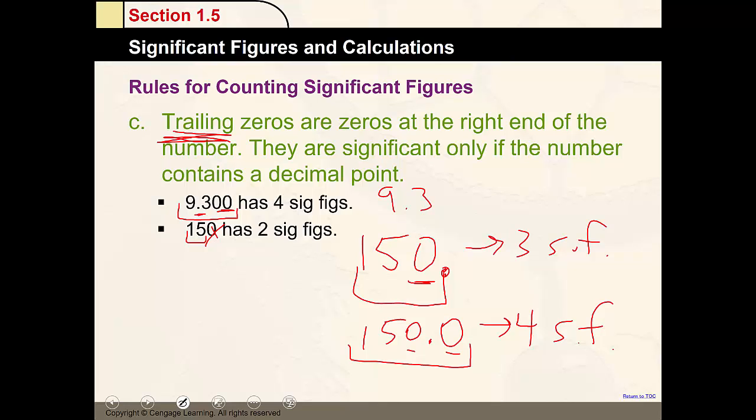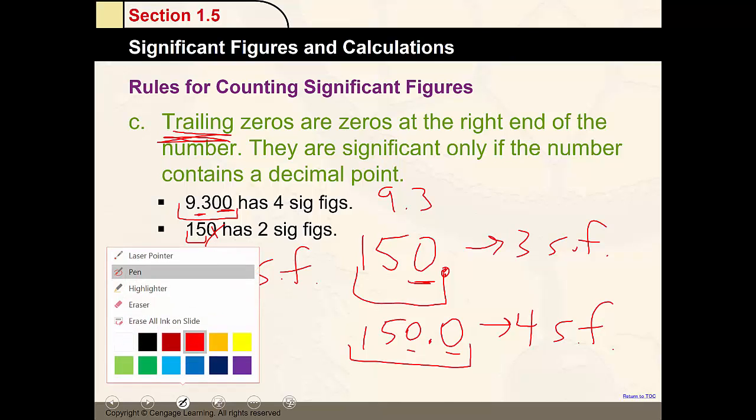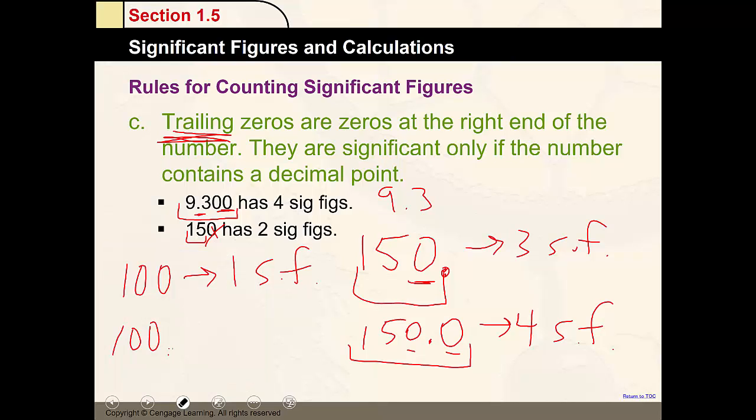And also, a number like 100 with no decimal point, these zeros at the end are not significant, there is no decimal point, so this would have 1 sig fig. Then, if we were to add a decimal, 100 with a decimal, now those zeros are significant because they're at the end with a decimal point.